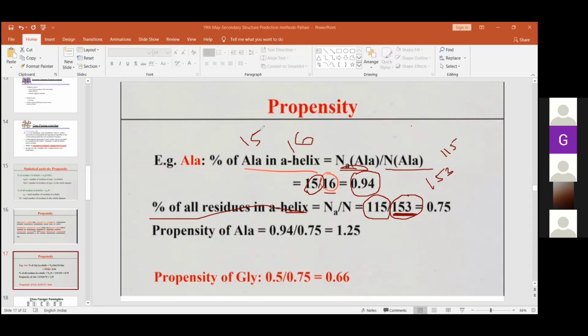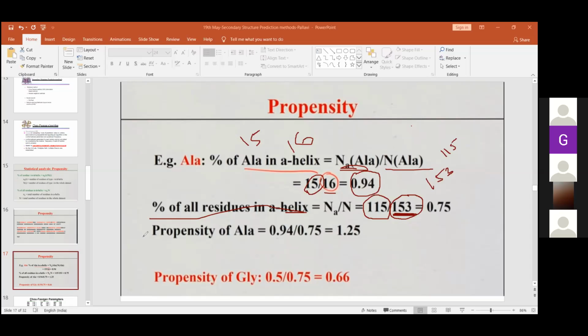So I first see the percentage of that particular amino acid in a helix, calculated as the number of that amino acid in alpha helical form divided by the total number of that amino acid. That is the numerator. On the denominator side, you see the percentage of all residues in alpha helical form, which is 115 in alpha helical form divided by 153.